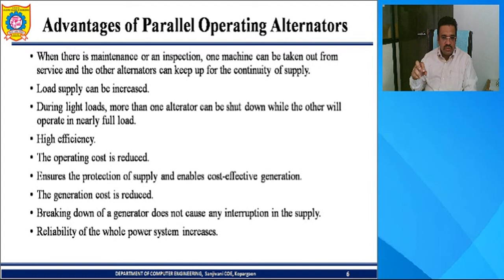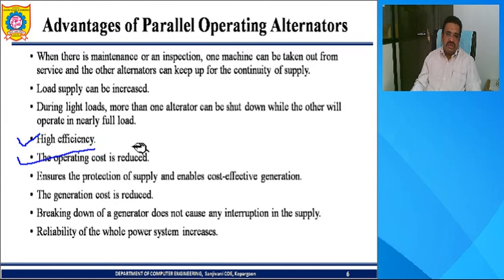During light loads, more than one alternator can be shut down, while the others are operated near their full load. Because of all this, the efficiency is going to increase. Because the alternators are running near the full or rated load, we can say the operating cost is reduced.